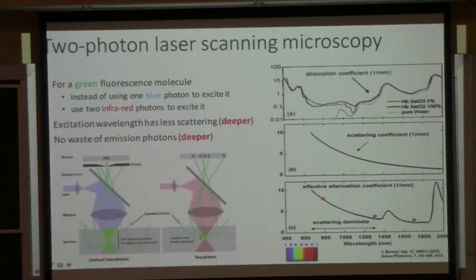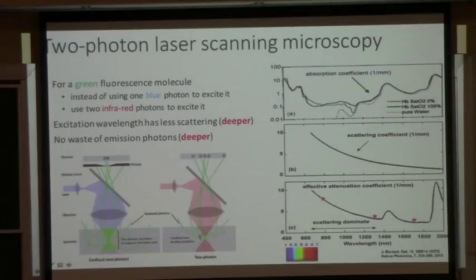For example, here, as you can see, if you only use one photon to excite, it will have a lot of scattered photons. So the resolution will be much lower, and also you cannot image deeper tissues in the brain. However, if you have two photon microscopy here, the focus will only be met here.